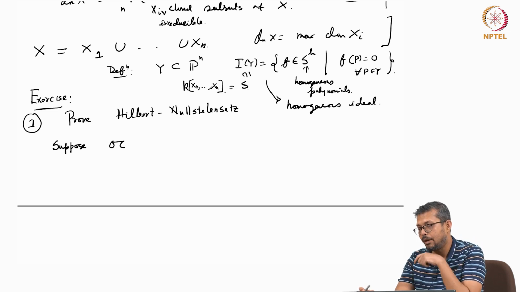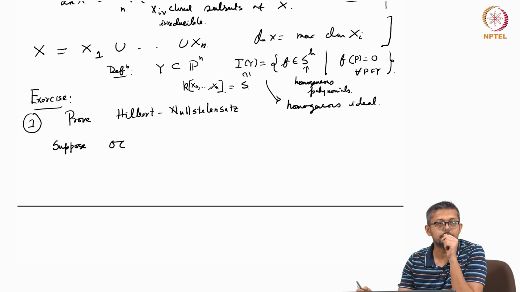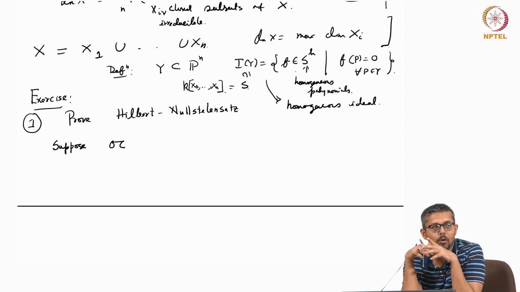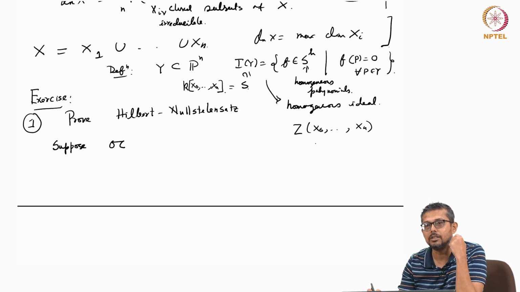But you have to be a little careful with that. If I start with a homogeneous ideal, you can talk about the zero set of the ideal. There you have to be careful, because if you take the ideal (x0, ..., xn), its zero set is nothing but the point 0, but 0 is not a point in projective space.